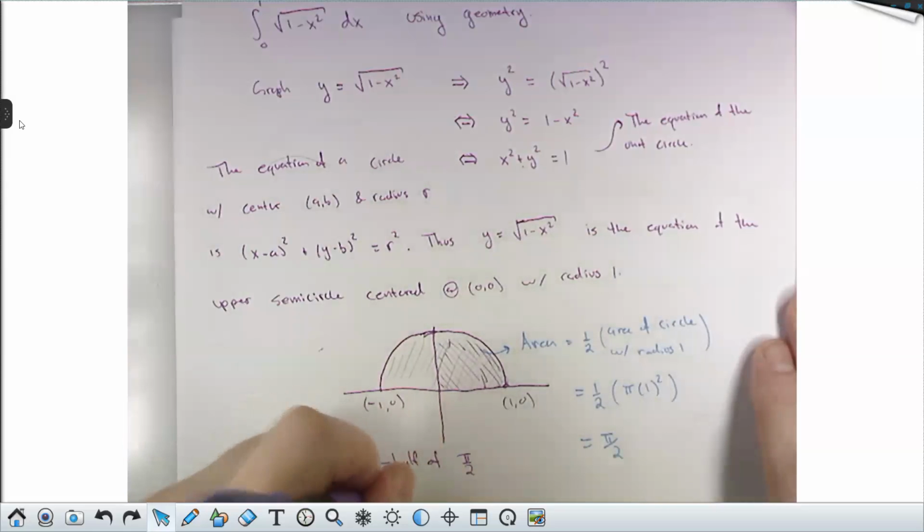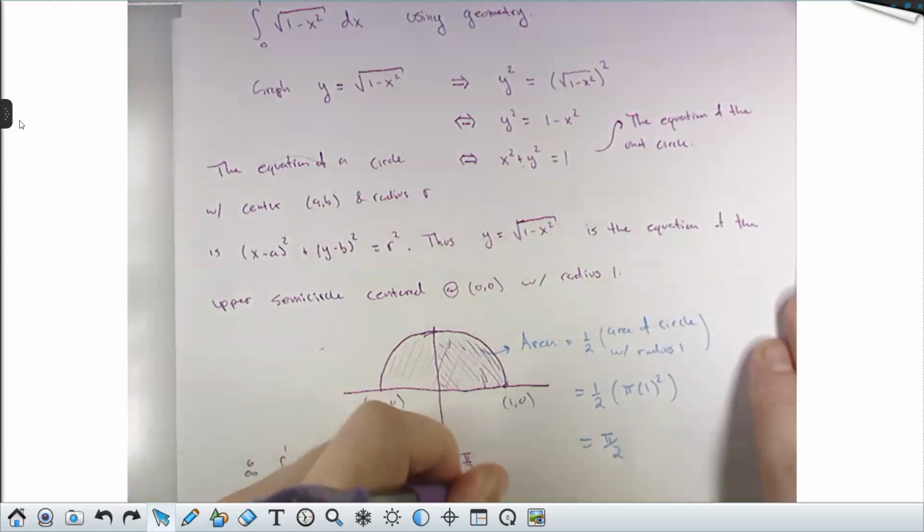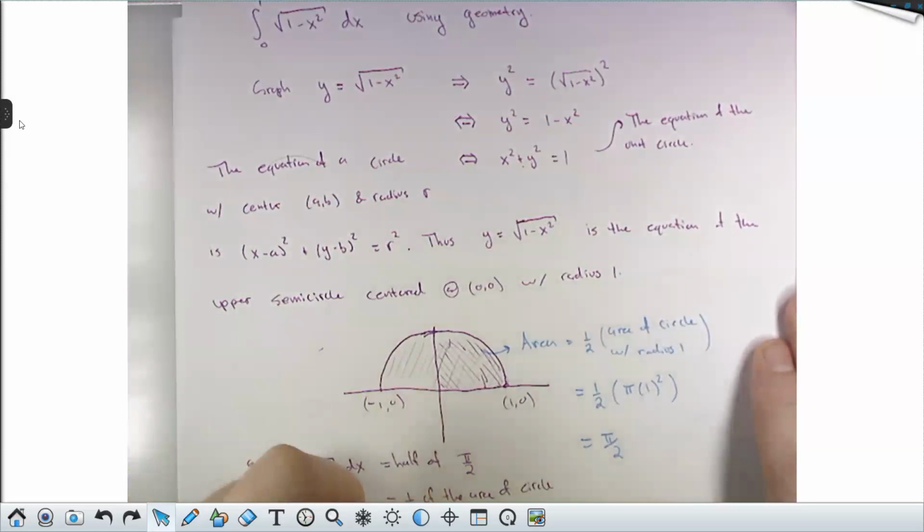Half of this, or 1/4 of the area of the circle, which is pi over 4.